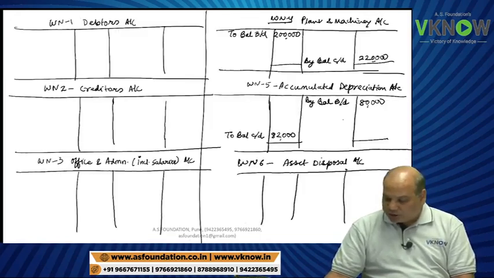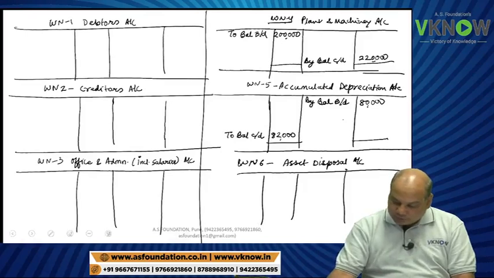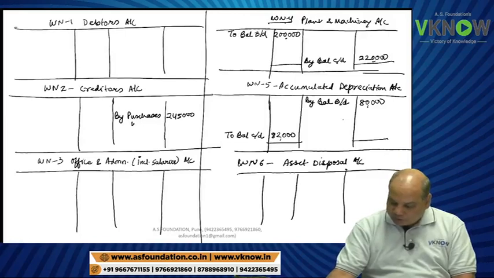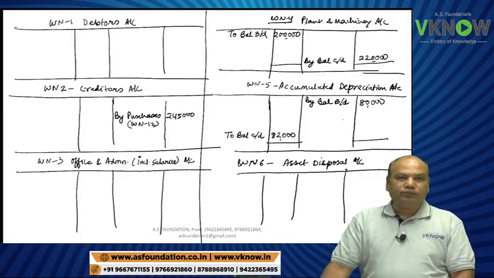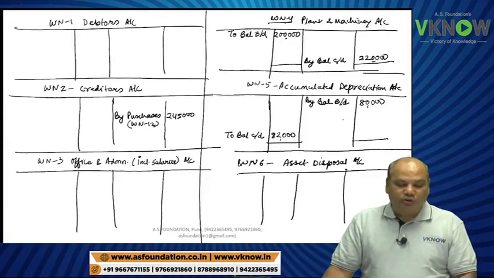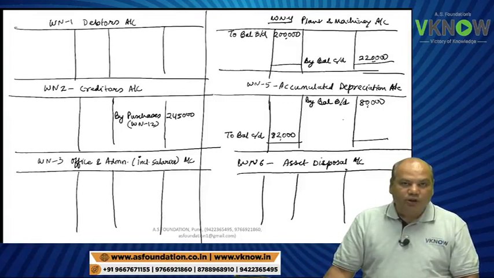You will write purchases in the creditor account, credit side, second line, by purchases 2,45,000, in bracket working note number 12. Later on, if you want to check how this purchase has come, you can go to working note number 12.